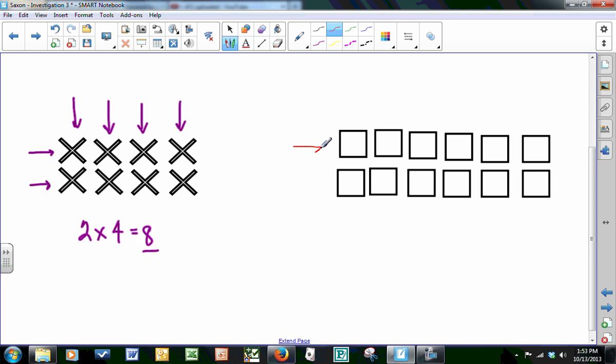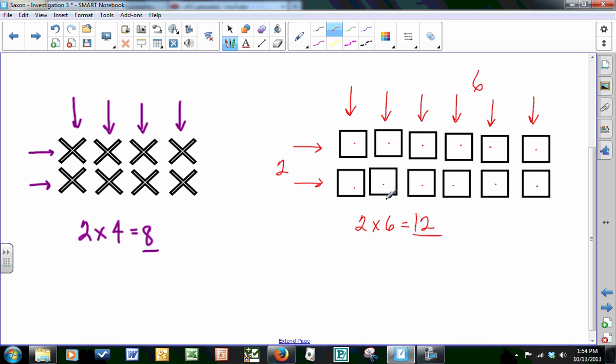I have 2 rows, 1, 2, that's one factor, and I have 1, 2, 3, 4, 5, 6. That's the other factor. So 2 times 6 equals 12. And if I go back and count, I have 1, 2, 3, 4, 5, 6, 7, 8, 9, 10, 11, 12. I do indeed have 12 squares in all.